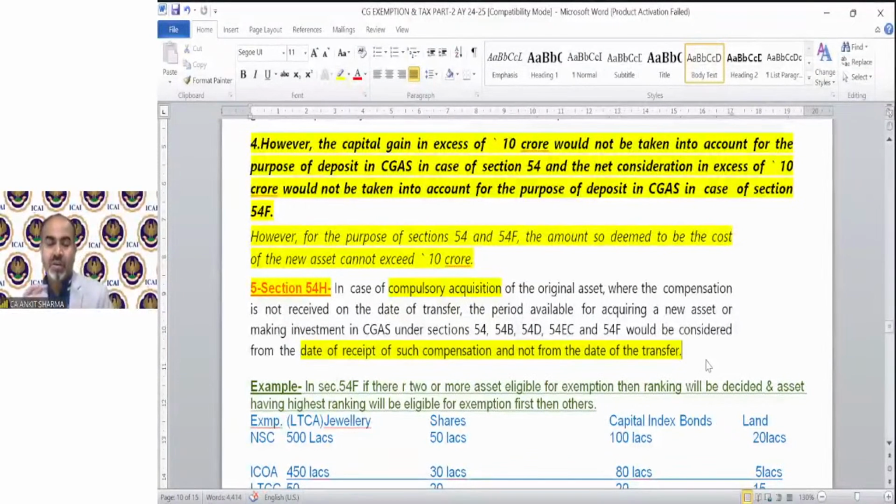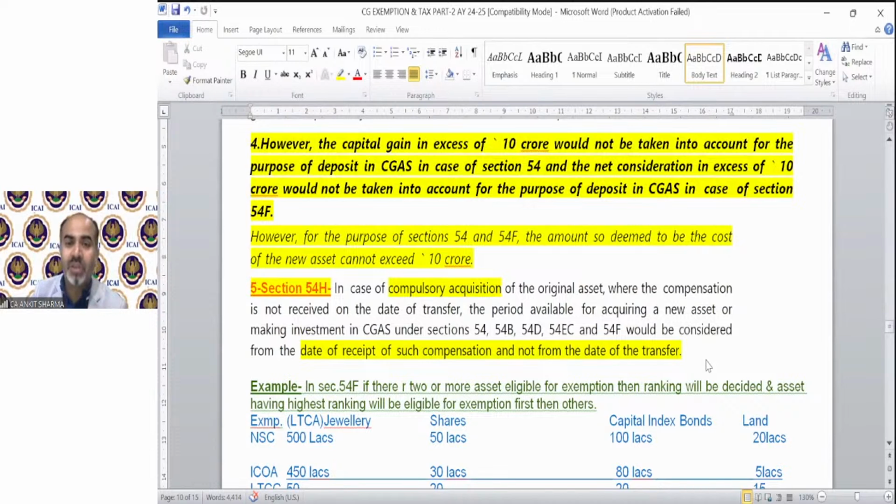So now under section 54H, in case of compulsory acquisition, for the investment purpose, the time limit will not be considered from the date of compulsory acquired property, but it will be calculated from the date of compensation received, whether it's original compensation or enhanced compensation. Okay, so that was a clarification, section 54H.